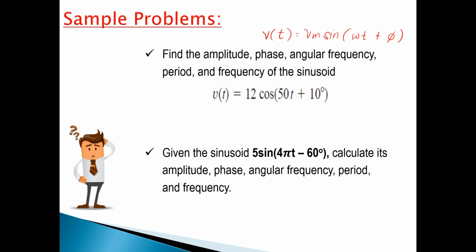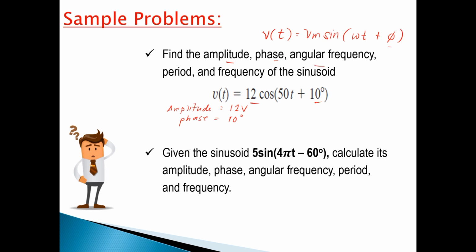So our amplitude here is equal to 12 volts. For our phase, that is phi, so our phase here is equal to 10 degrees.